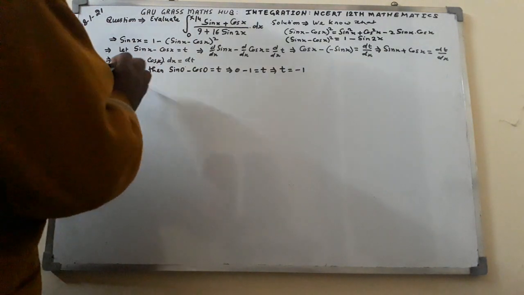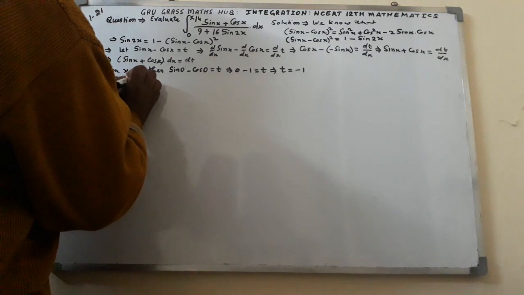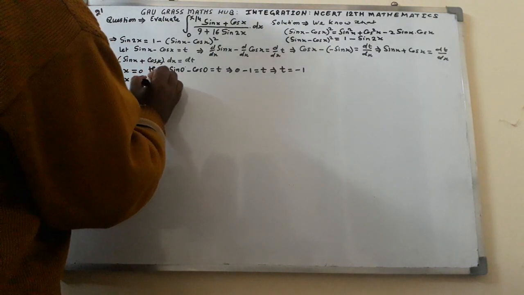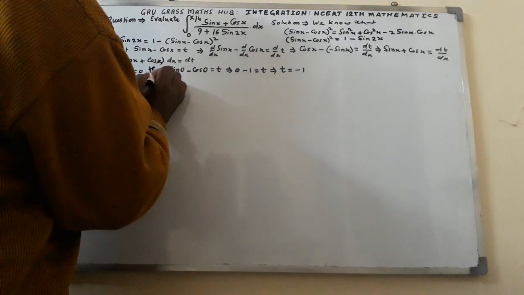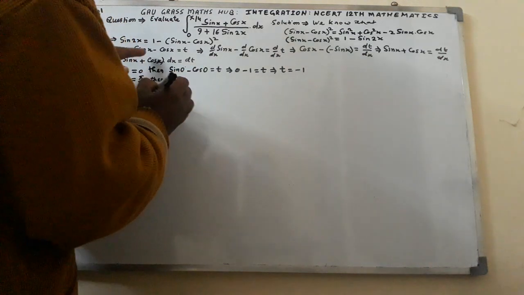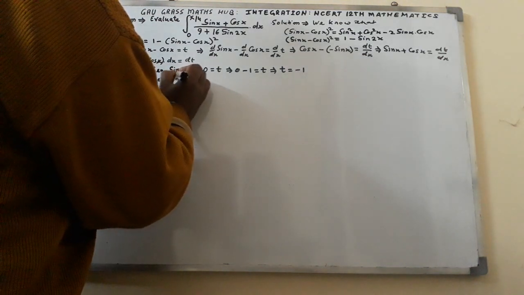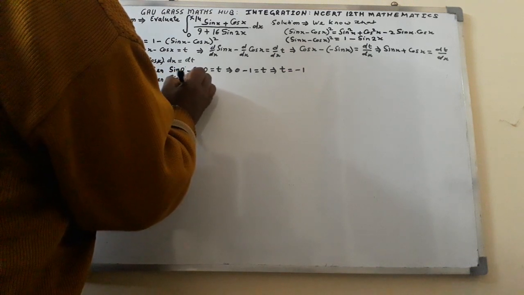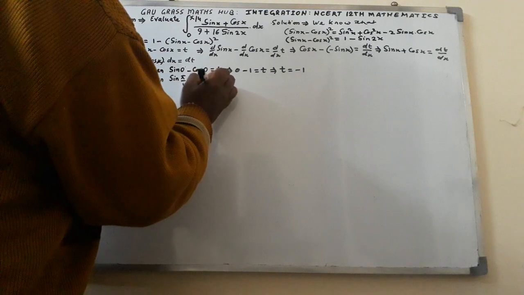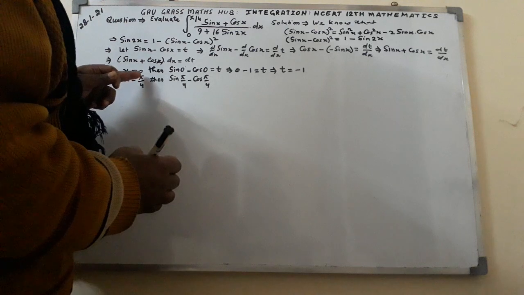Again I shall write, when x equal to pi by 4, then in place of x I shall write pi by 4.